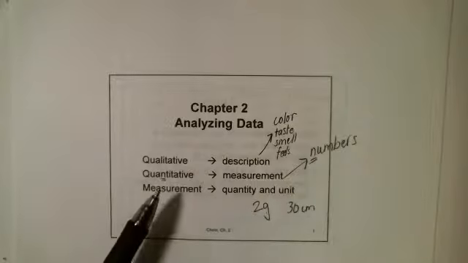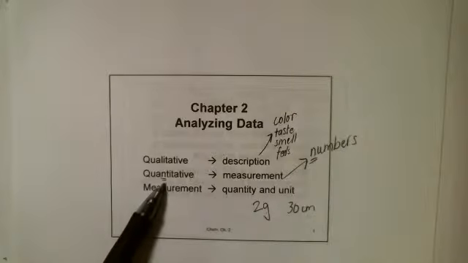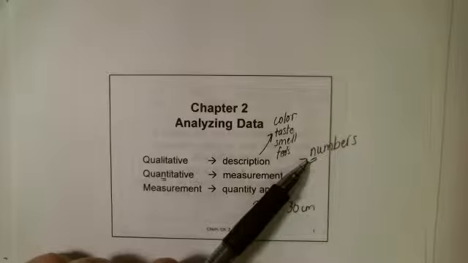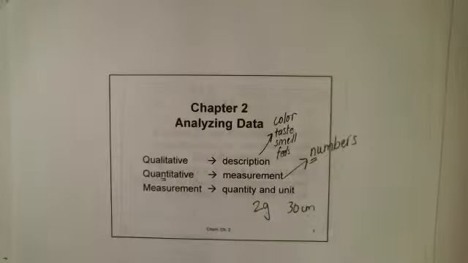Quantitative data, on the other hand, involves your numbers. A good way to remember it is that quantitative contains an N, and numbers also has an N. Those are measurements such as mass, length, volume. So when you took the length of your gummy bear, the volume and the mass of the gummy bear, those are all quantitative measurements.